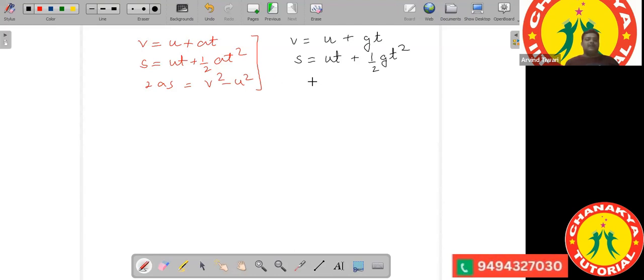And the last one, 2as becomes 2gs equals v squared minus u squared. Or you can take the displacement to be equal to height. So the second equation will be h equals ut plus 1 by 2 gt squared. Understood these concepts?